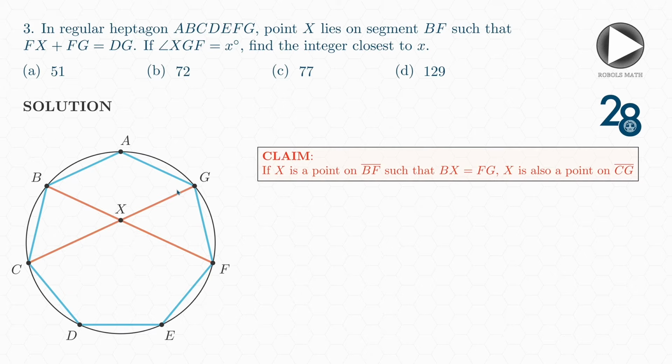Okay, so in this diagram, I draw a line CG which passes through X. But for now, let's assume that we don't know this point to be X. Let's just call this for now a point, let's say Y. So our goal is to prove that Y is actually X. That the intersection point here should be the point X, whose distance from point B should be the same as the side length of the heptagon. Okay?